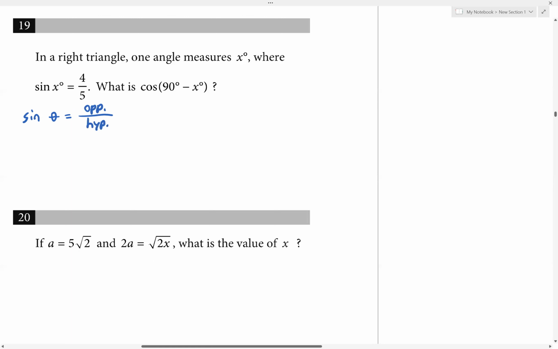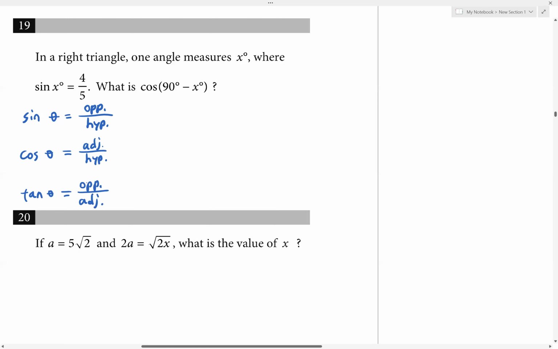So opposite from the angle, divided by the longest side in the right triangle, which is the hypotenuse. Cosine is the adjacent side divided by the hypotenuse. Adjacent is the side right next to the angle, and again, the hypotenuse is always the longest side. And lastly, tangent theta is opposite over adjacent.